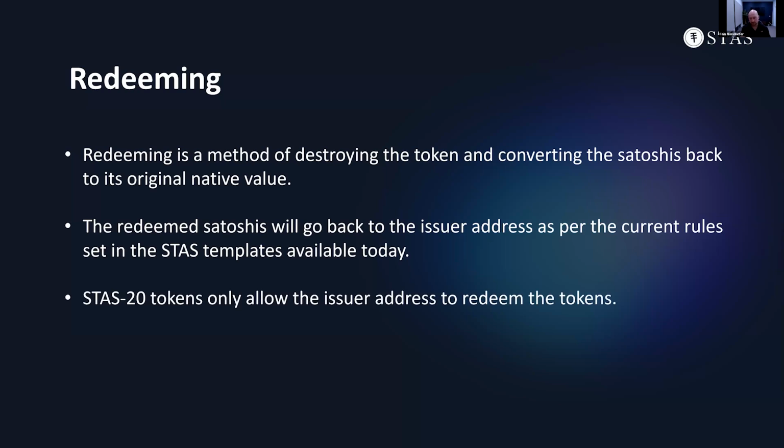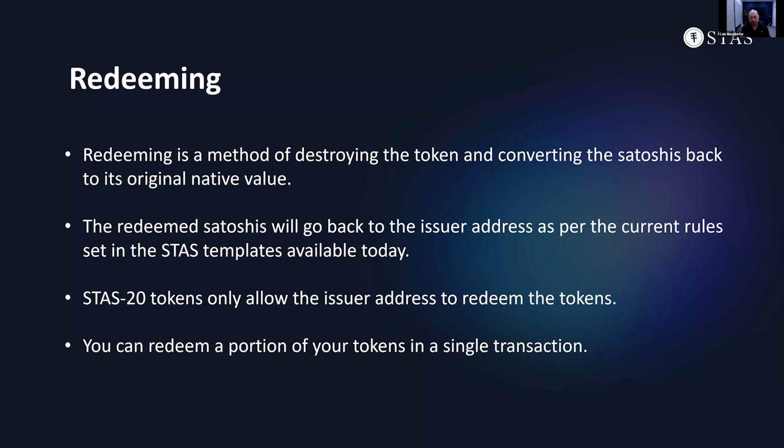With the STARS-20 token, as I mentioned about redemption before, only the issuer can destroy the tokens, which safeguards against any accidental or malicious destroying of tokens that are in circulation. You can also redeem a portion of your tokens. So if you have 1,000 tokens as an input, you could redeem maybe 500, where you destroy 500 and then also assign 500 tokens to another address, if you like.